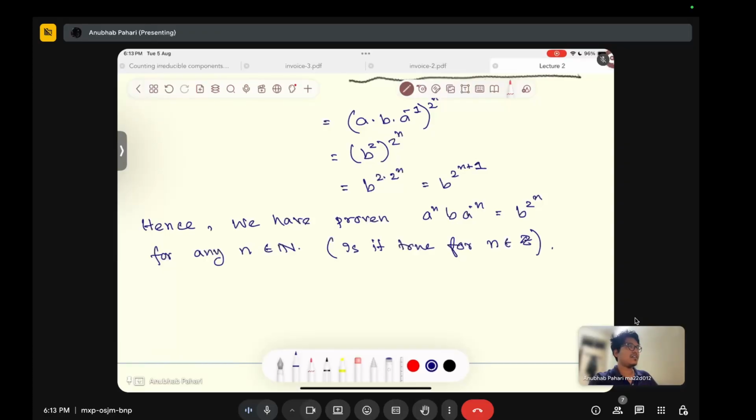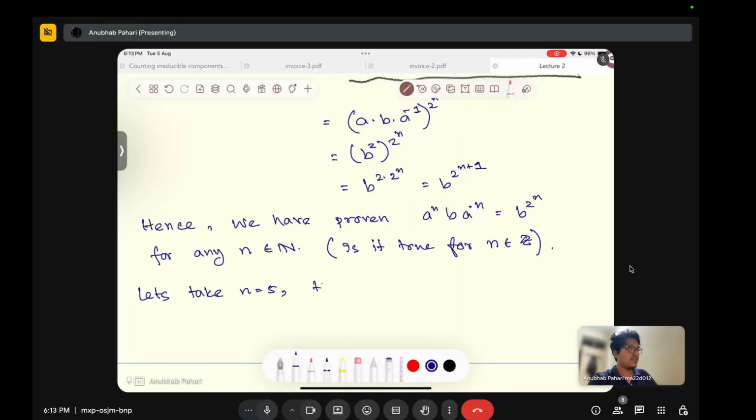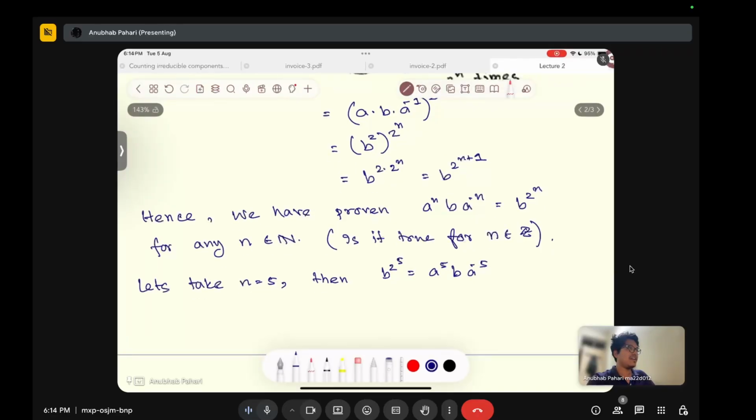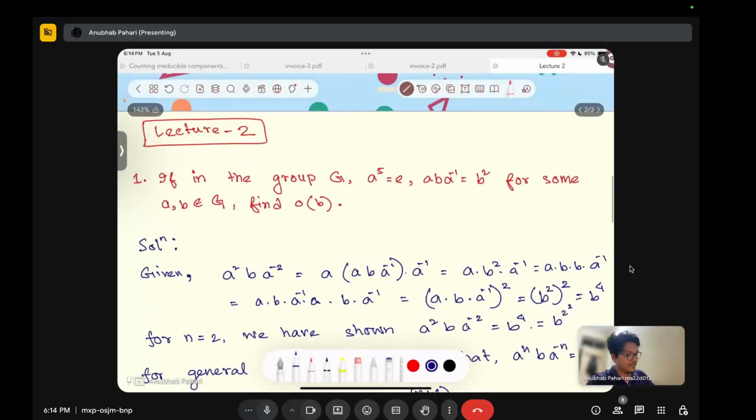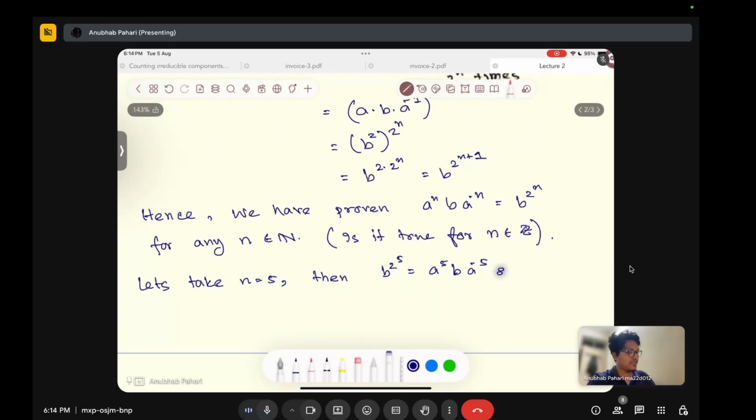So now let's take n equals to 5, then b to the power 2 to the power 5 equals to a to the power 5 b to the power minus 5, and given that a to the power 5 equals to e, we can simply replace this by e b e, that is b.